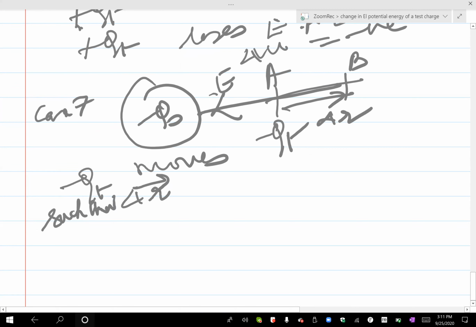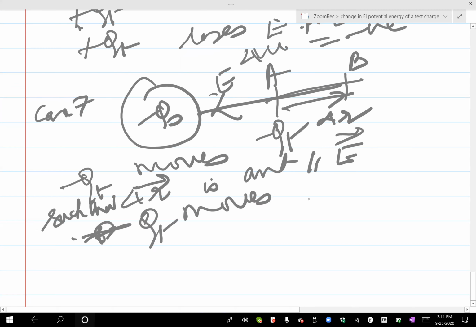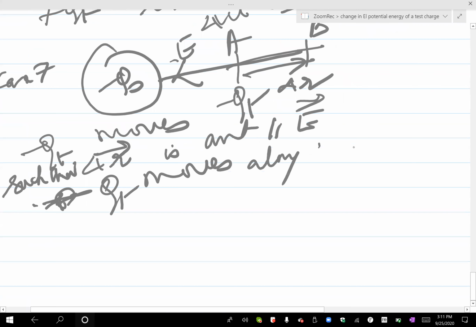Here minus QT moves. I'll straight away jump 2 steps and write that delta R is anti-parallel to E, that implies minus QT moves along plus delta V. Anti-parallel means it is going to be positive. But because the test charge is negative, even if this is positive, the product will be negative.